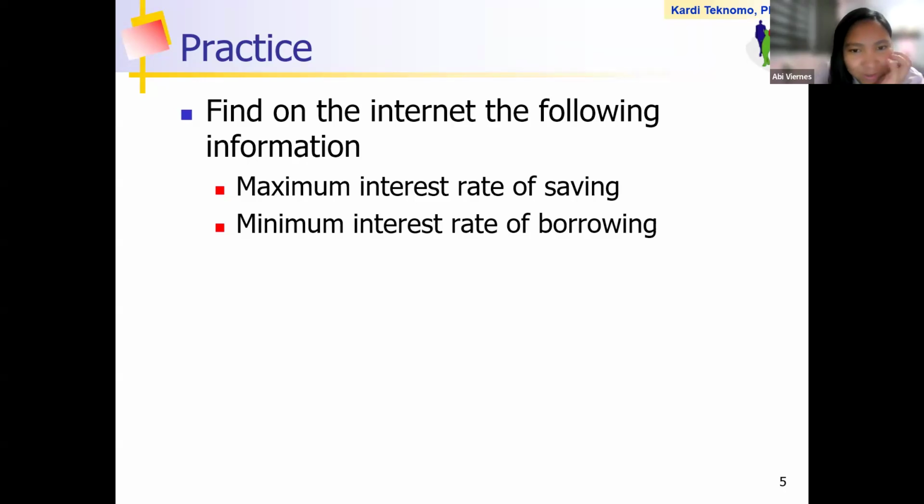If you borrow, it depends on the amount, but more or less, I just want to get the range. Monthly add-on rate, or yearly? Yearly. Did you ever borrow from Pak Ipik or something like that?